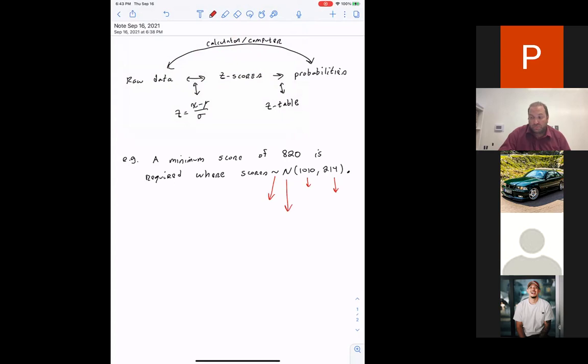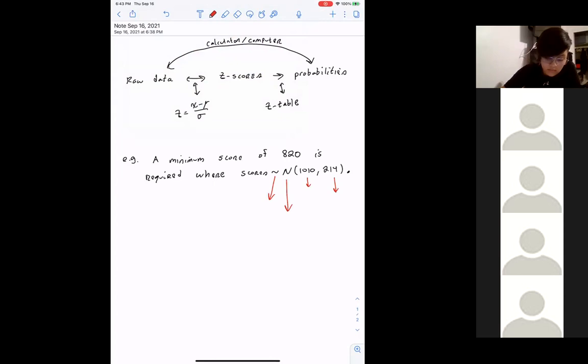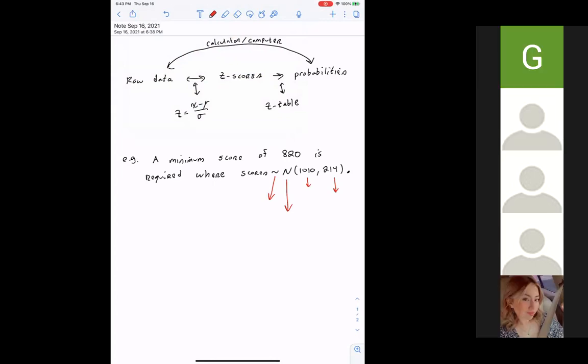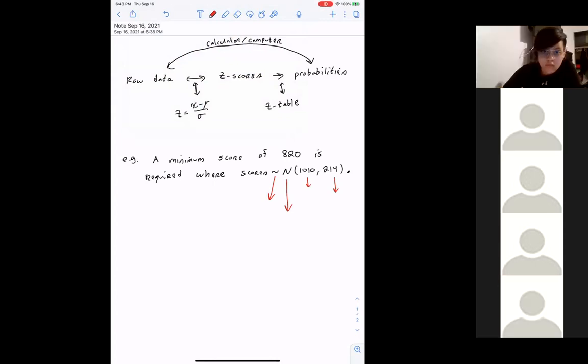So, anyone help me out here? What do you think those symbols all stand for? Give me any one of them. Not everyone at once. It's hard for me to hear everyone, talking over each other.